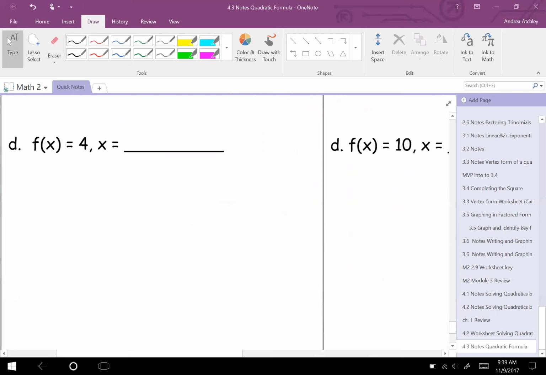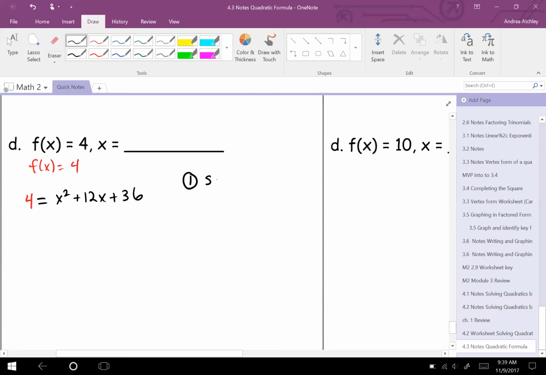Okay, now they have f of x equals 4. So now we're going to plug in 4 for my f of x. Okay, so it's going to be 4 now equals my x squared plus 12x plus 36. So now that's not set equal to 0.